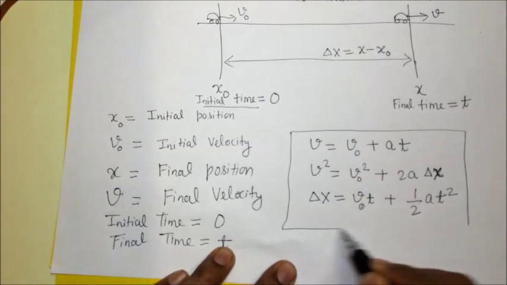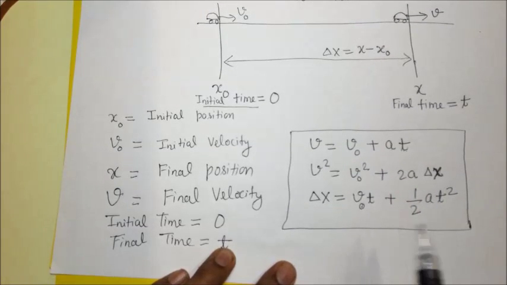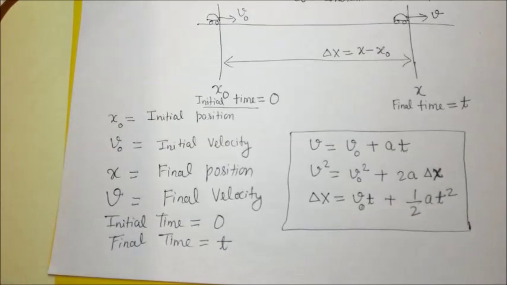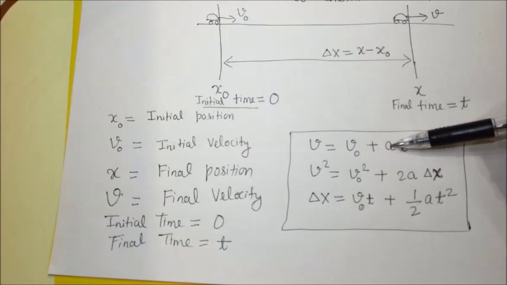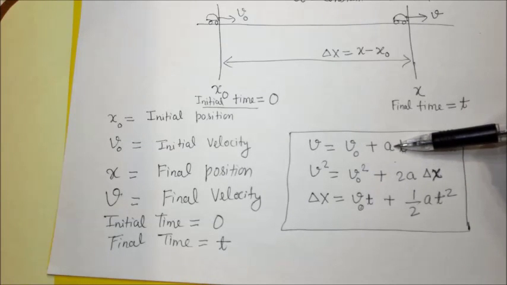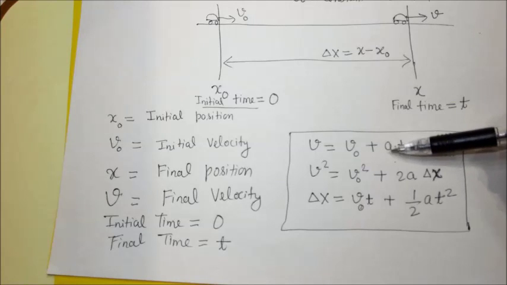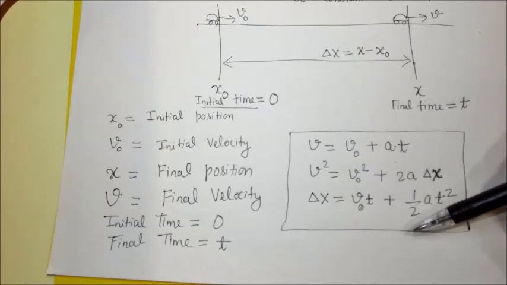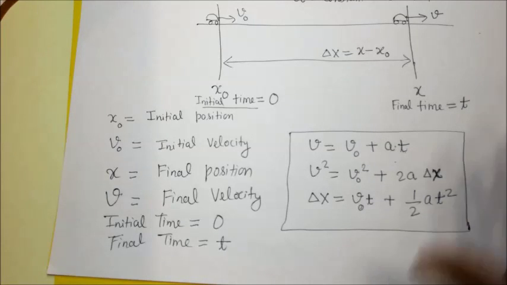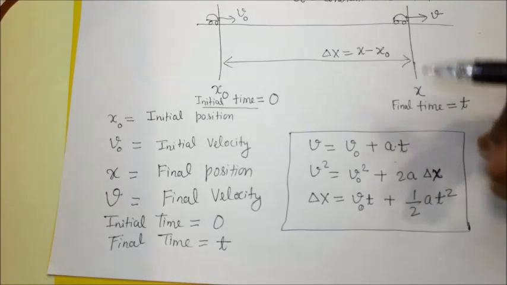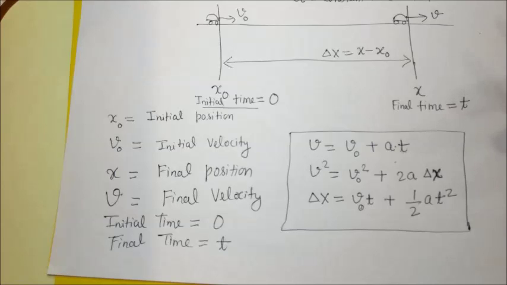If something is moving in a horizontal plane in a straight line with a constant acceleration, remember, if acceleration is constant, then only these three equations are valid. While things are accelerating, it is also valid while things are decelerating.